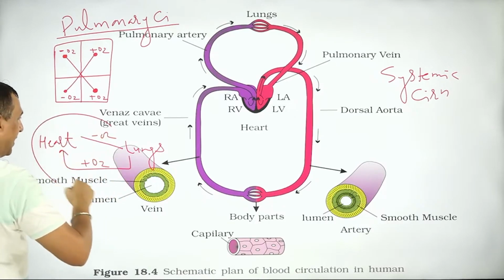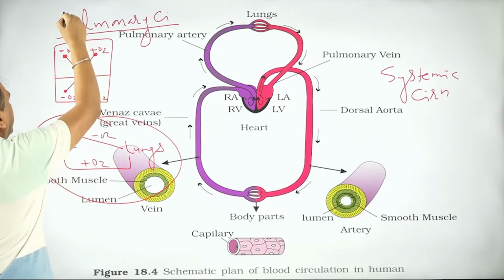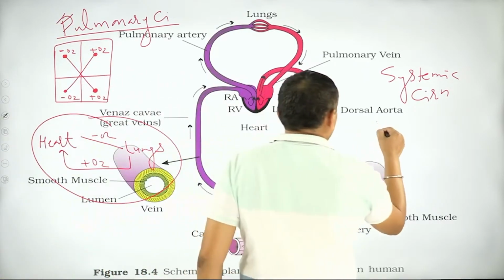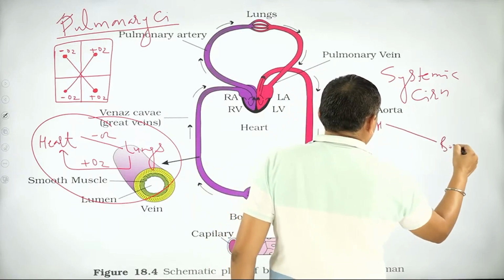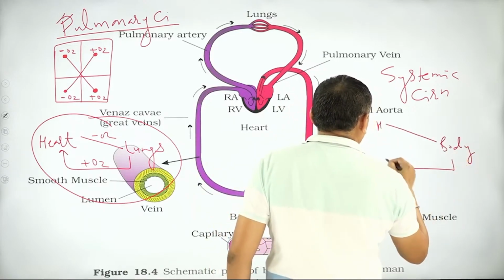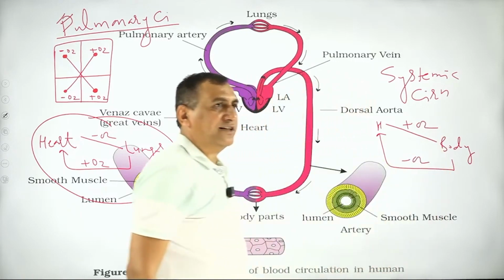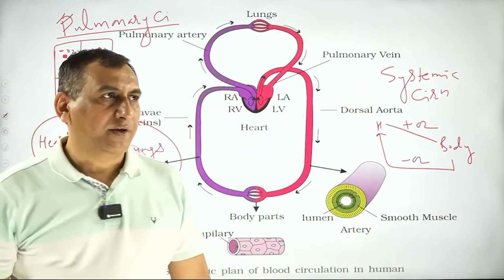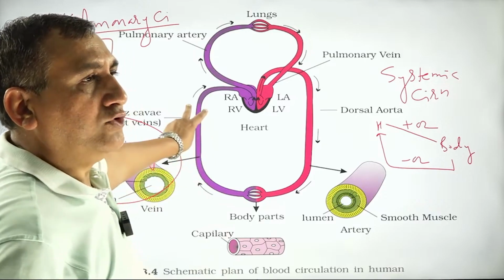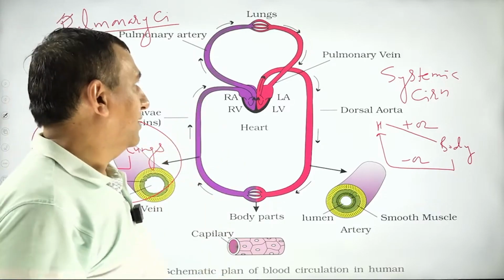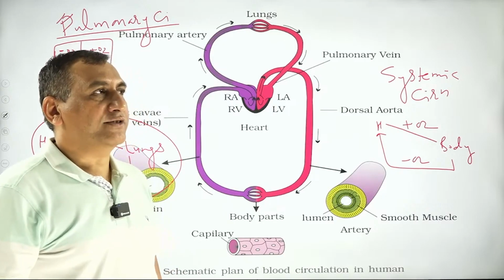It is known as pulmonary because the term pulmonary is used for the lungs. From the heart to body parts, and from body parts back to the heart, this is the systemic circulation. Clear? So there are two types of circulation: pulmonary circulation and systemic circulation.